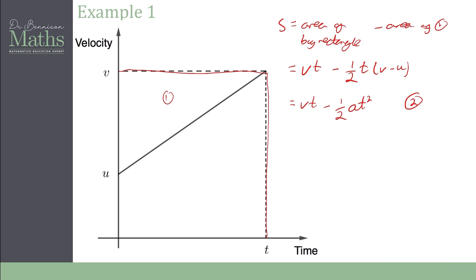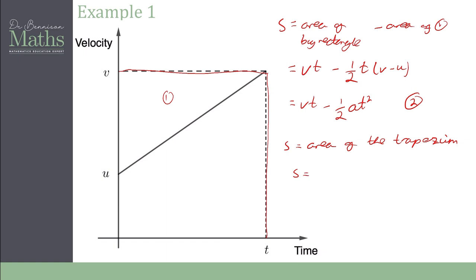We can also use area to derive 4. You can also have s being the area of the trapezium. The area of the trapezium is the length of the two parallel sides.